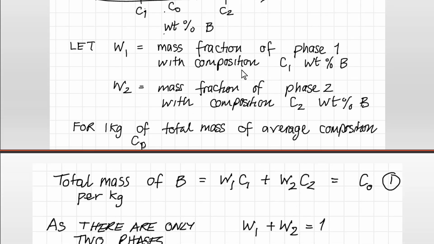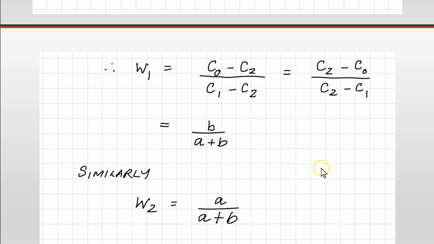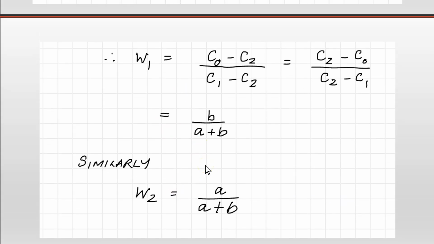That's just an easier way to remember it rather than looking at this equation. So in this way we can get the mass fractions of each phase. This is expressed as a fraction, and we can multiply by 100 to get percent. We could even use A and B in percent values, and they will cancel out and give us a mass fraction for each phase.